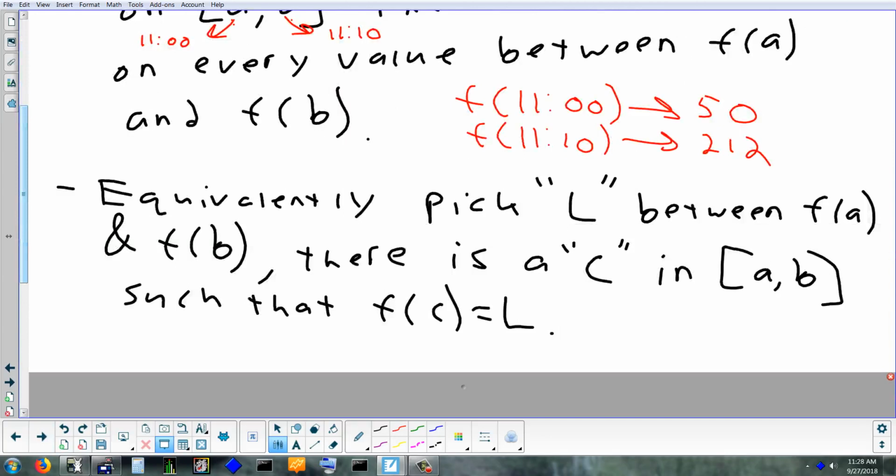Okay. This is another way to say exactly the same thing. I think if I tie it in with the temperature thing, it'll make more sense. So this says basically pick a temperature between 50 and 212, any temperature you want.